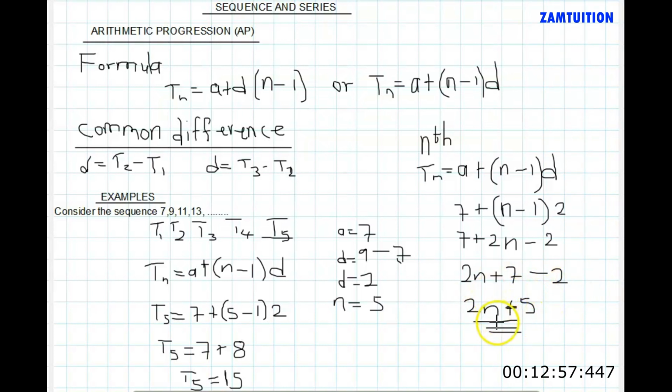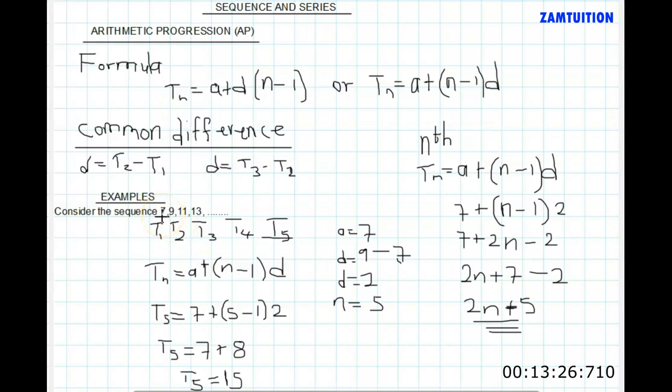If you want to prove that this is the nth term, the formula that was used to come up with these terms, we say where n is our first term: 2 multiplied by 1 plus 5 gives us 7.